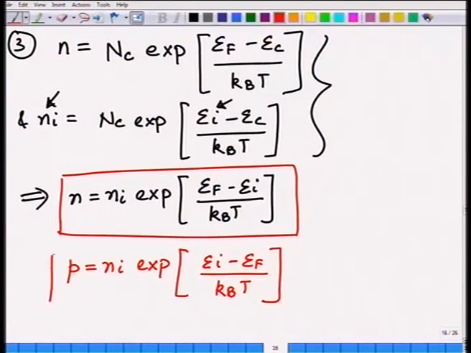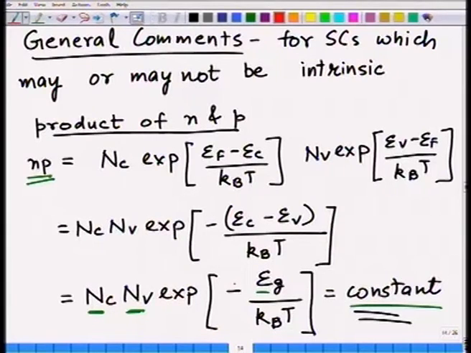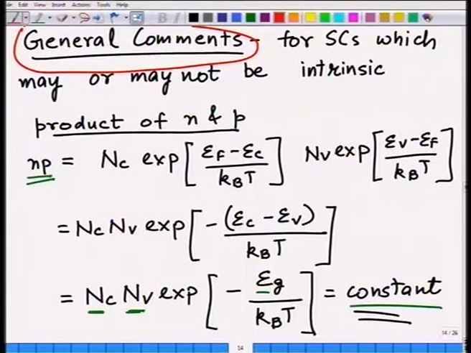You can derive this one also by the same method. So N and P can be written in general. This is not only for intrinsic semiconductor. When Ef is equal to Ei, then of course N will come out as Ni. Otherwise, given what Ef is, you can determine what N is in reference to Ni. So these are some of the formulas which you could remember. These are general comments, and they apply to all semiconductors, whether they are intrinsic or not.